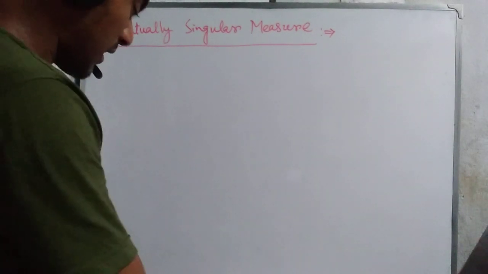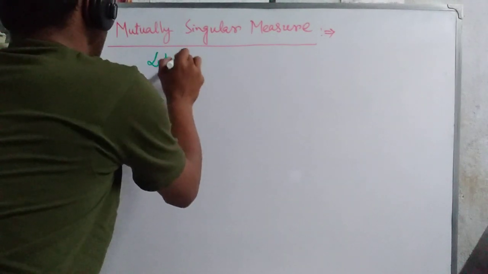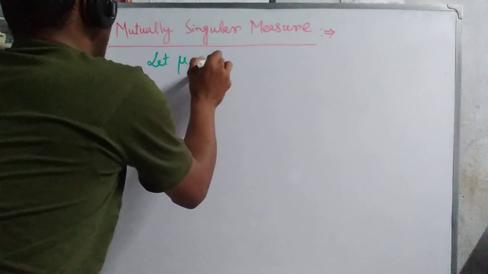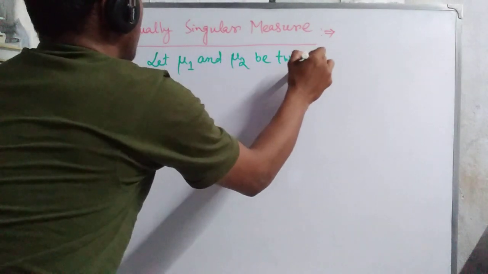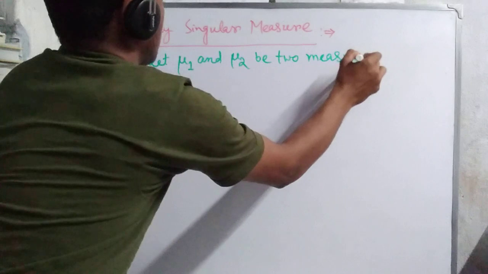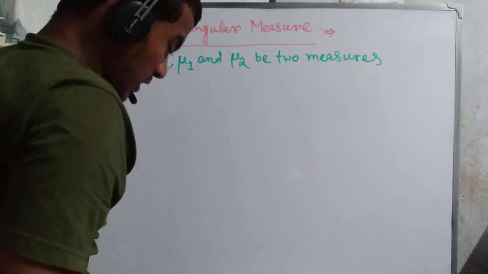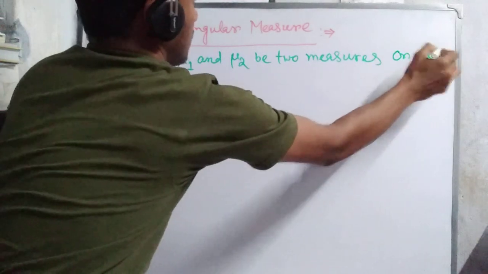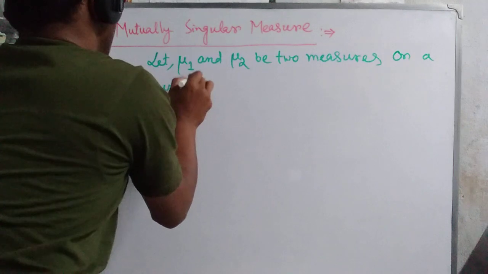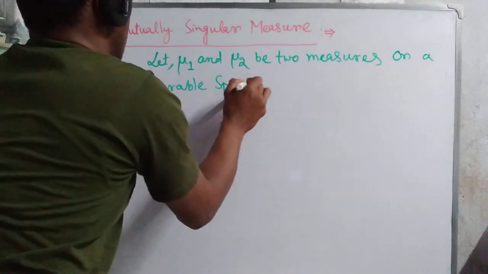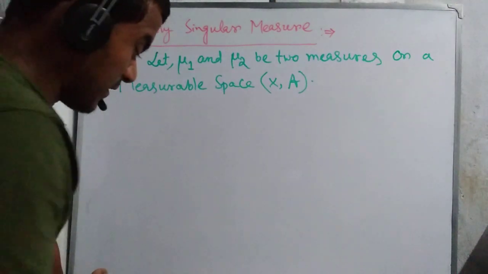Let mu1 and mu2 be two measures on a measurable space (X, A).